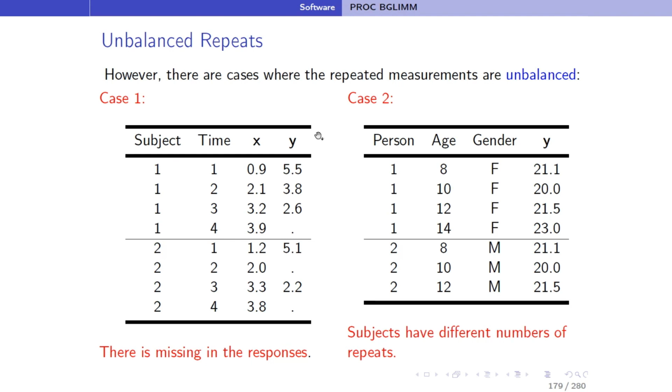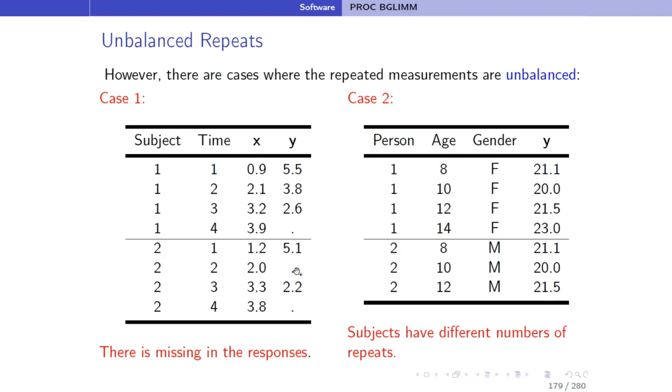Now we are talking about unbalanced data. Unbalanced just means that some subjects have some missing values in the repeats. There are two situations as far as the data representation is concerned. On the left-hand side, in case 1, time is 1, 2, 3, 4, subject equal to 1, and I have covariate information x, and then y has some measures, and some measures are missing.